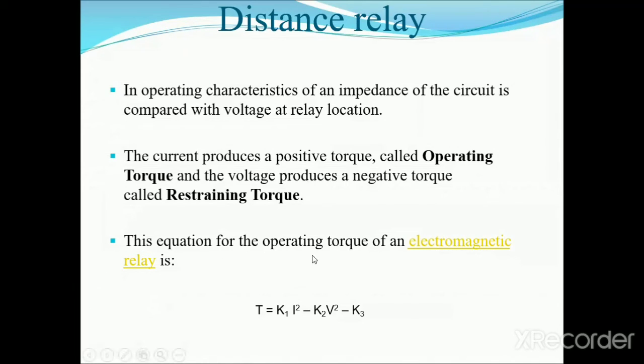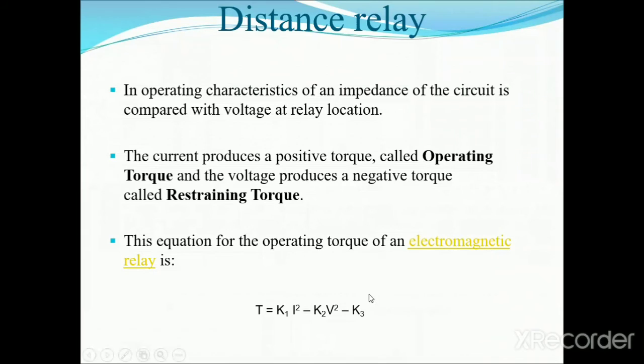This is the equation for the operating torque of an electromagnetic relay, the torque equation for the operation of this type of impedance relay. K1 I square is the torque developed by the current coil, the operating or positive torque. K2 V square is the torque produced by the voltage coil, the negative torque, called the restraining torque.